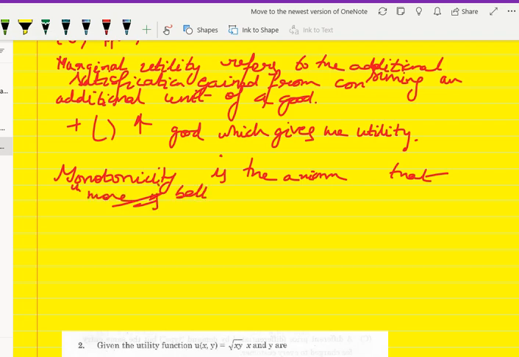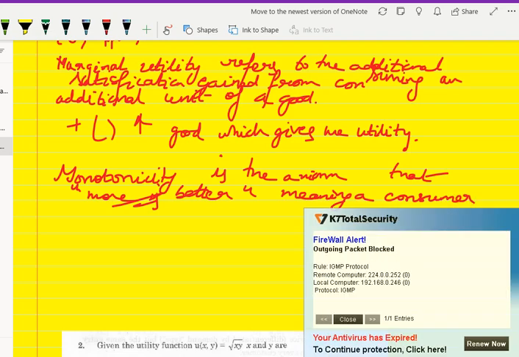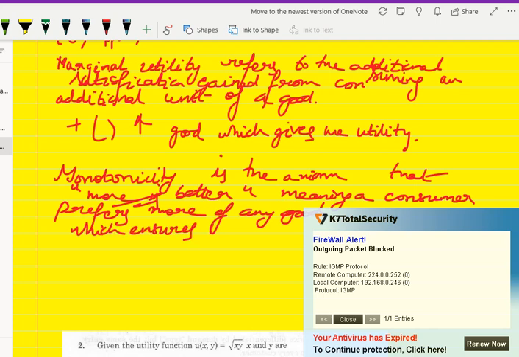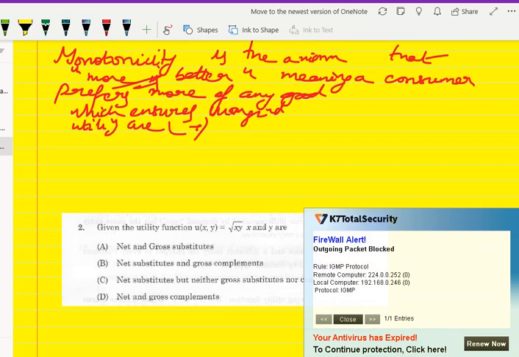That means a consumer prefers more of any good, which ensures marginal utility is positive.